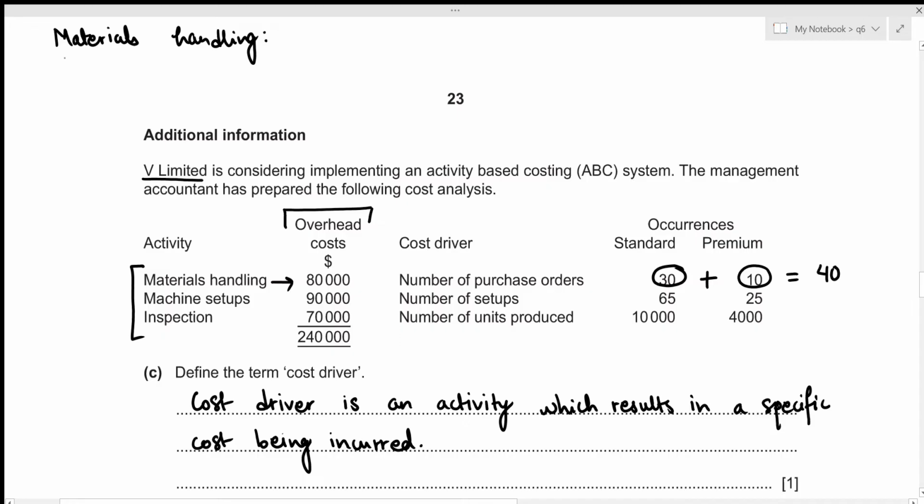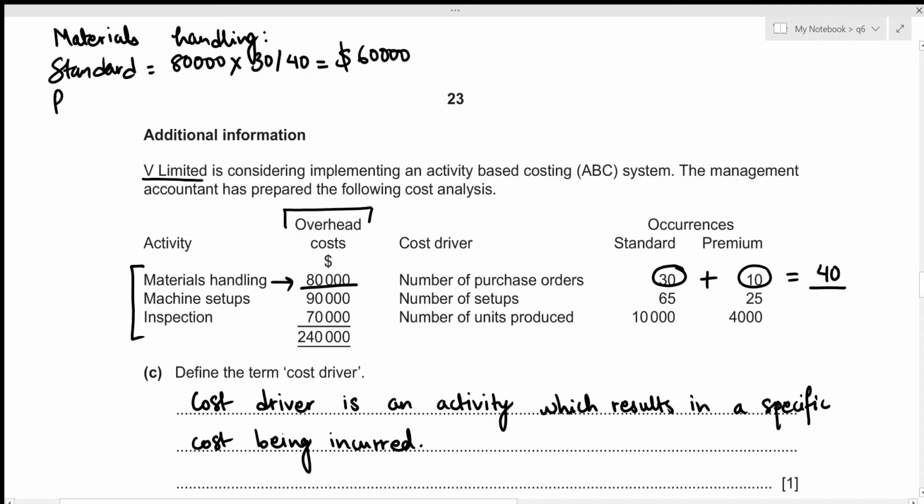Okay, for standard, we will obviously start with the total materials handling cost, which is given to be 80,000. And we can see that out of the 40 purchase orders, 30 belongs to standard, and this is our basis for division. So we just multiply it with 30 out of 40. So this gives our materials handling for standard to be 80,000 times 30 by 40, which results in the value of 60,000.